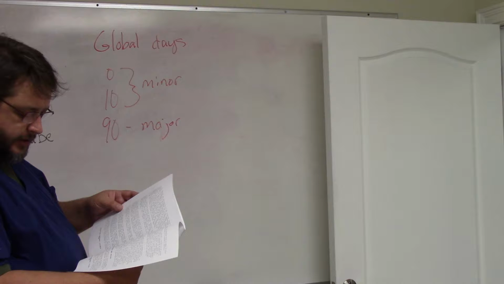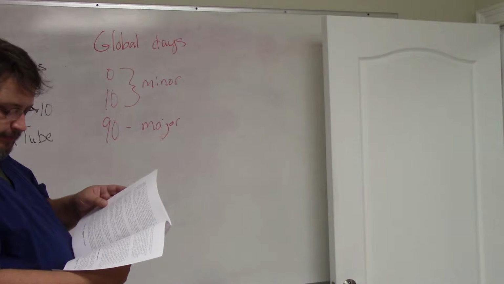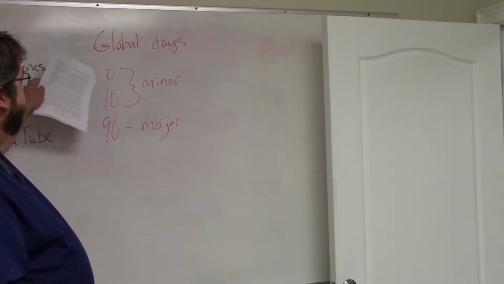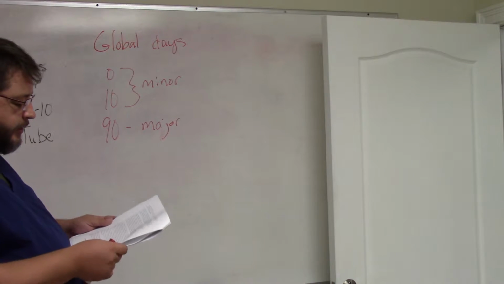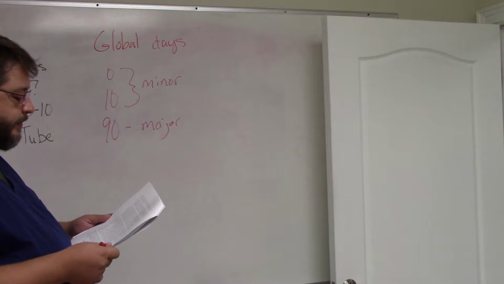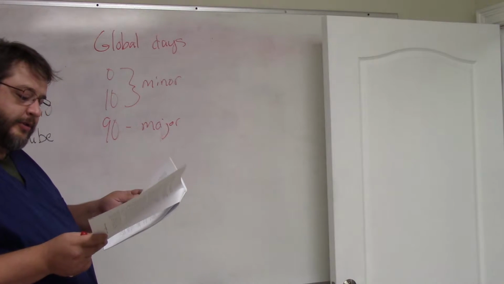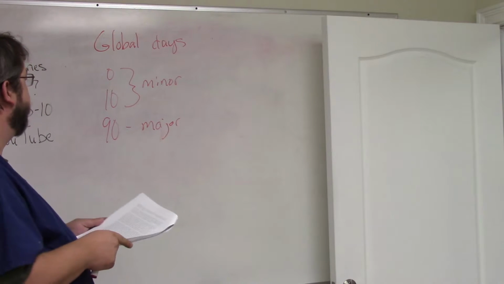The ones to really pay attention to are the 0, 10, and 90. The X, Y, Z, and M, they can relate to other procedures, and so you get the global from those.